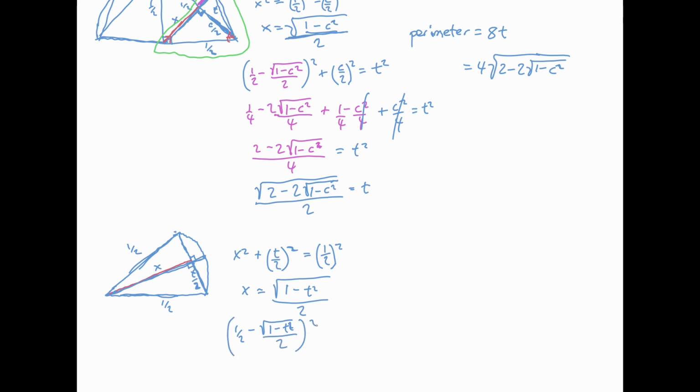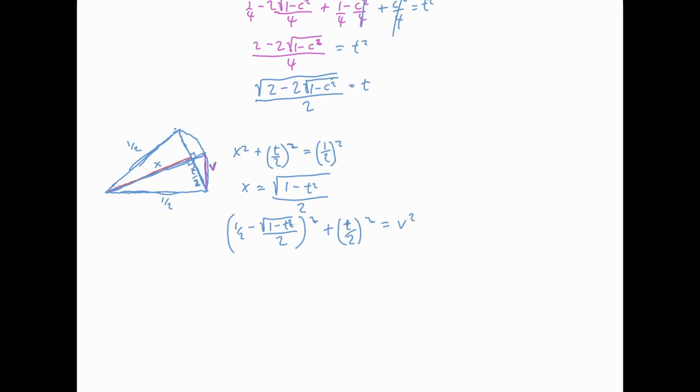And we can square that and use the Pythagorean theorem and square the t over 2, which is equal to v squared. Let me call this v. I'll use a different color here, v.